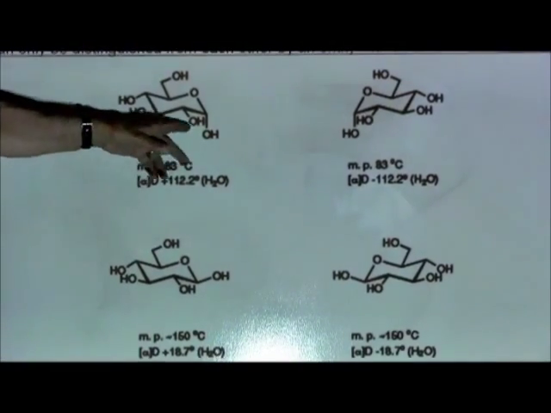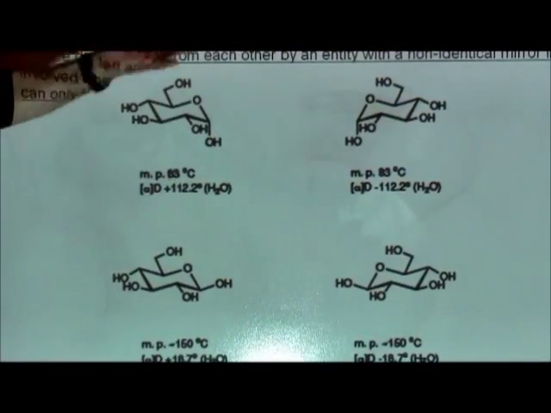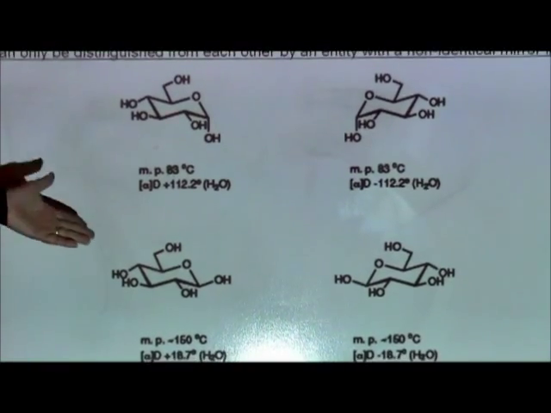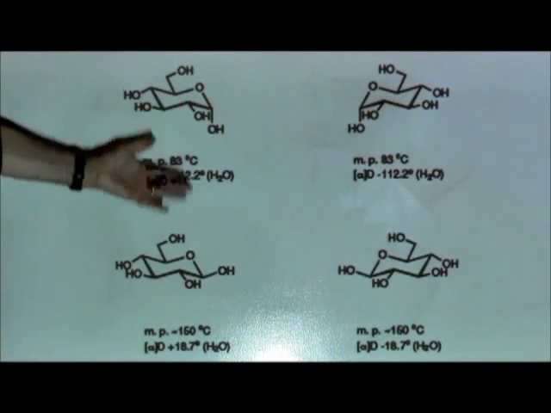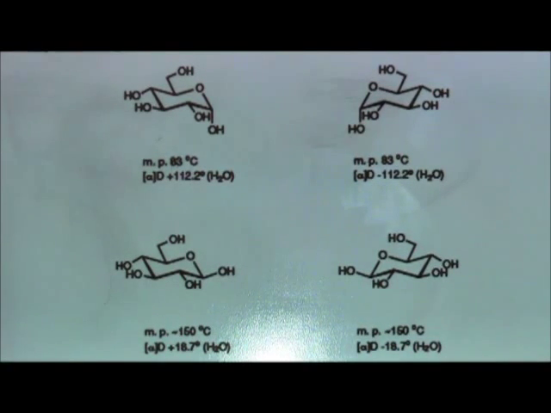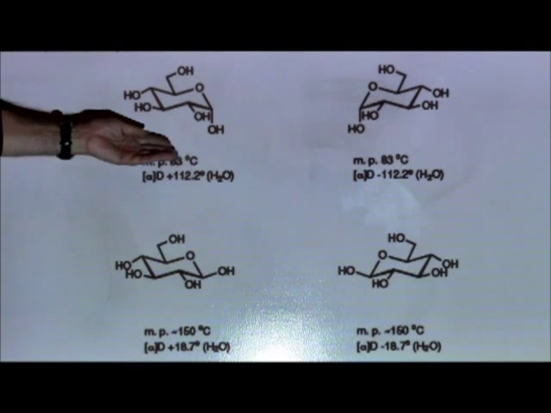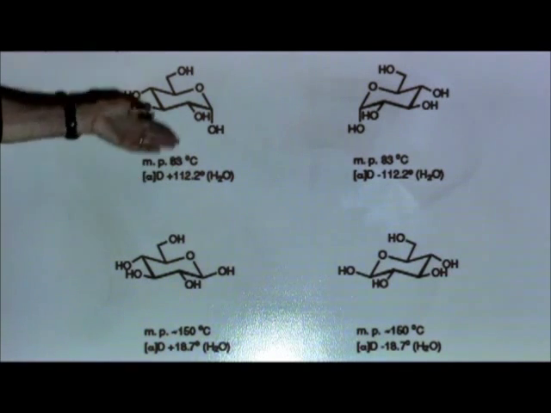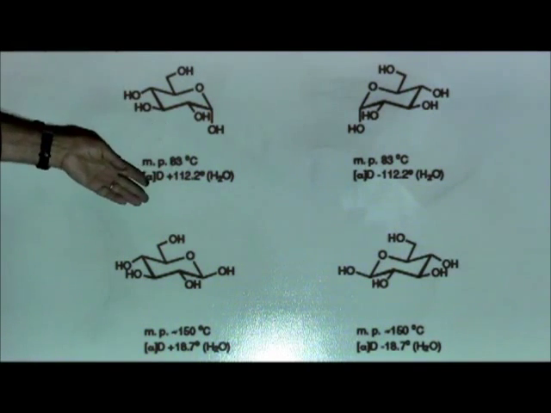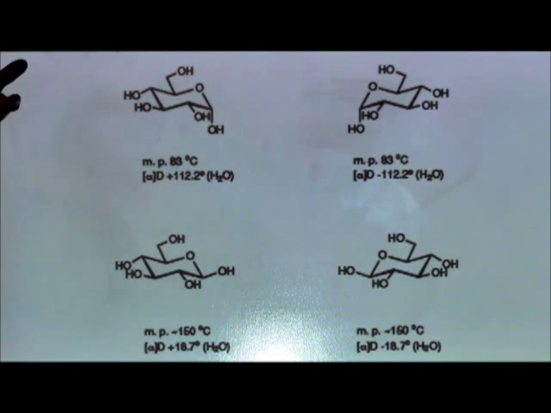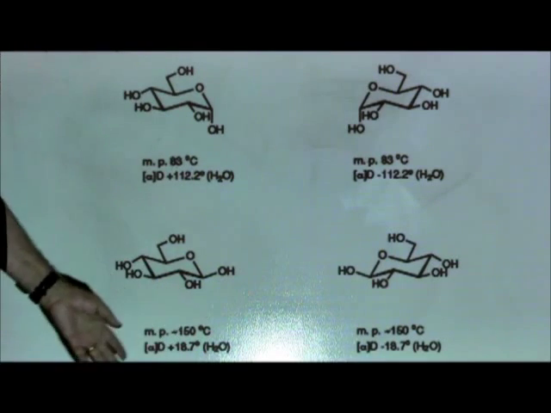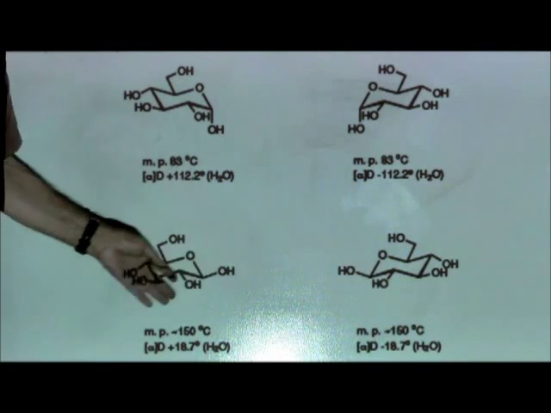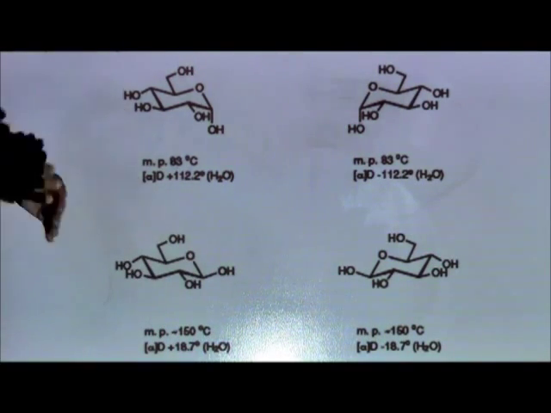Well, in fact, the melting point of alpha glucose is 83 degrees C. And the melting point of beta glucose is 150 degrees. That's pretty different. That's a difference of nearly 70 degrees in their melting temperatures. You heat this molecule up, and by 83 degrees it'll turn to a liquid, and you've got to go nearly 70 degrees higher to melt the beta stereoisomer, the diastereomer.